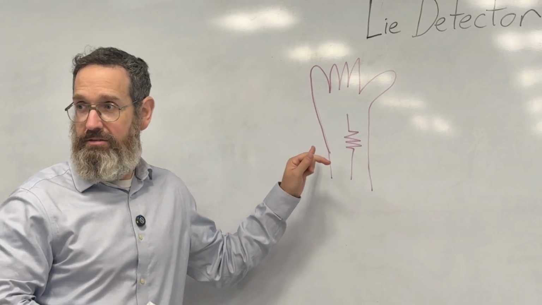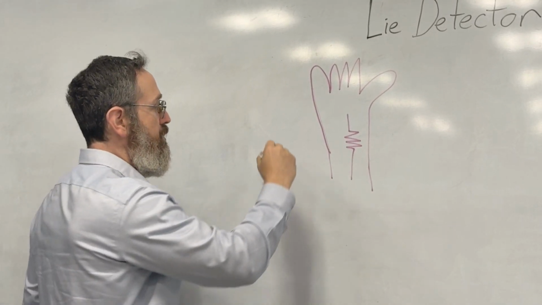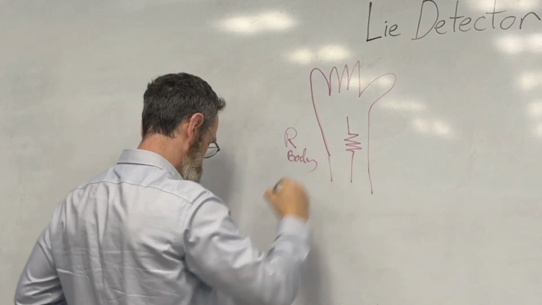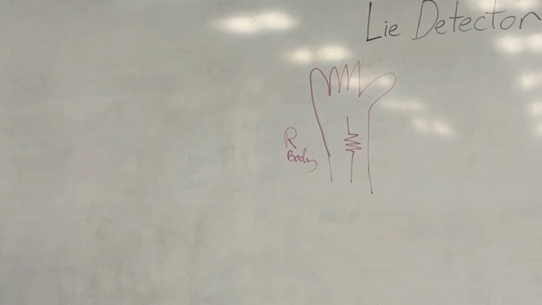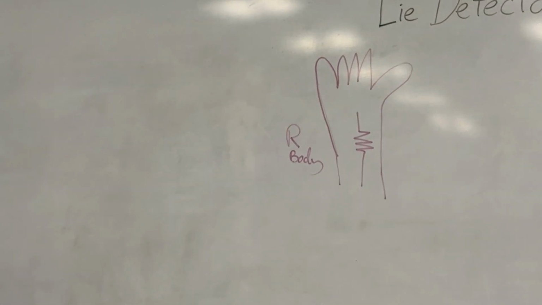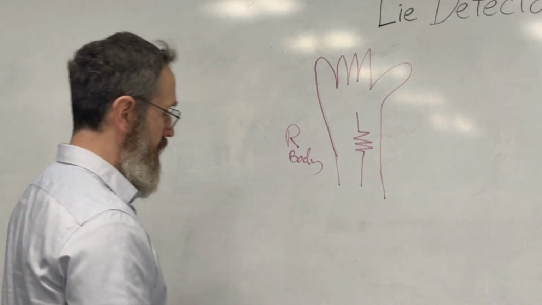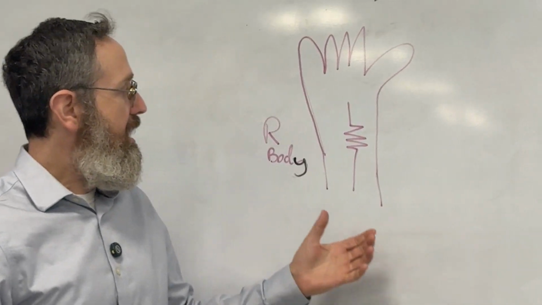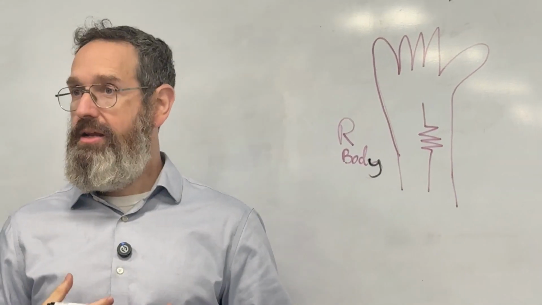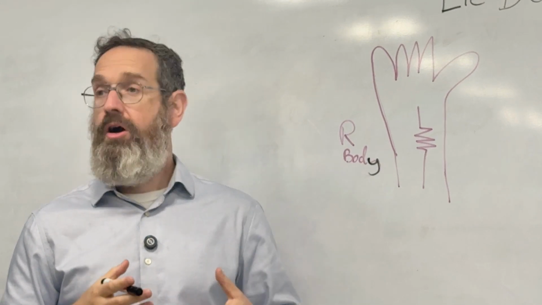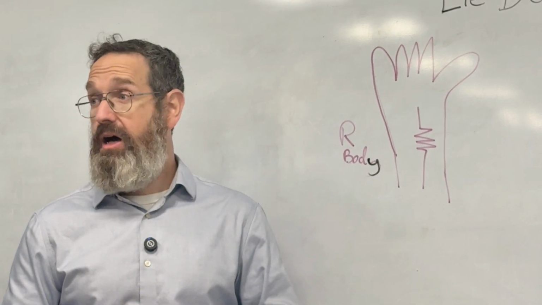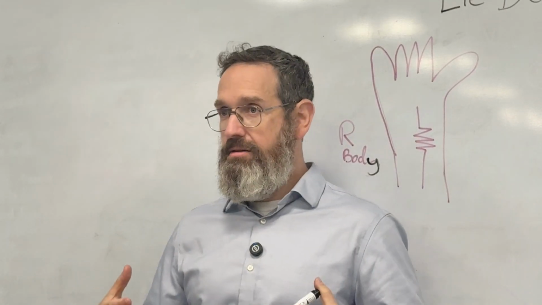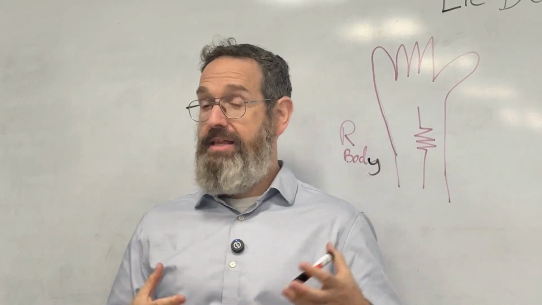Can you see this color here? Fine. I'm going to call this R body. It's the resistance of the body that we hypothesize changes when people lie. Specifically, when they lie, they become sweaty, maybe hot, and that's what we're going to go after.